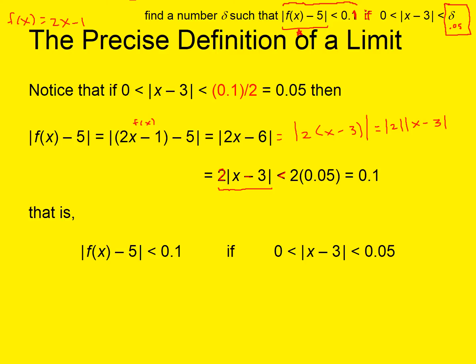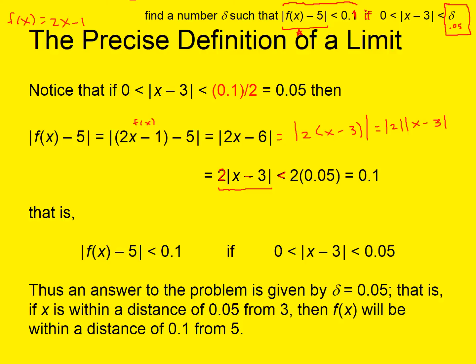We had to find a number delta, which we said, well, let's try 0.05, and see what happens with that. Well, in fact, we do get this conclusion of this conditional, that absolute value of f of x minus 5 is less than 0.1.